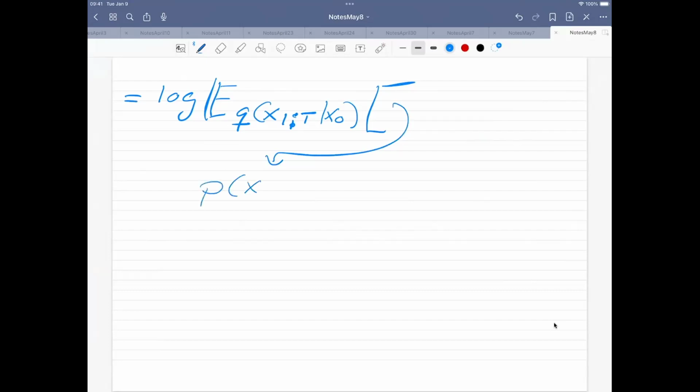And then I have, and I'm going to continue to the next line, I have p, and then I have my x of t multiplied with the product from t equal 1 up to the final time. And then I have my p, and this is the quantity which we are going to have a parameter on, but I'm going to skip the parameter. So in principle, there should be a parameter theta for these variables, or these probabilities.